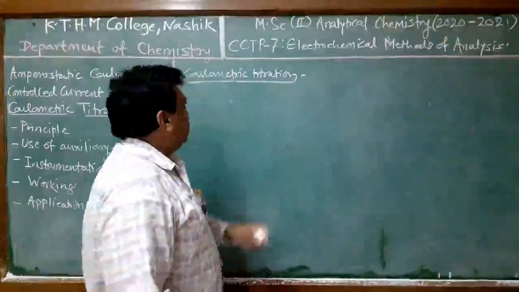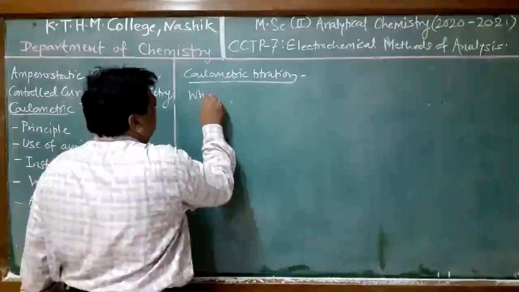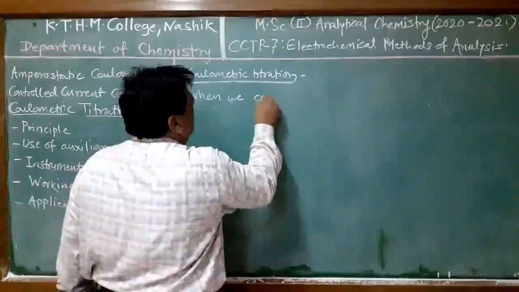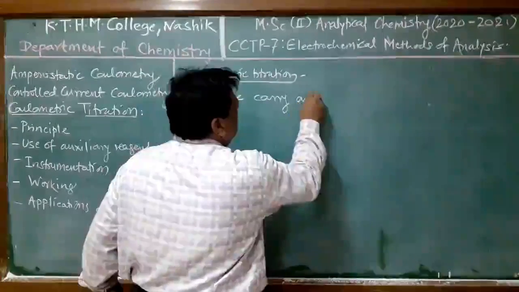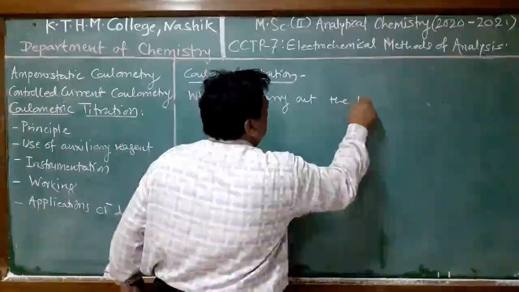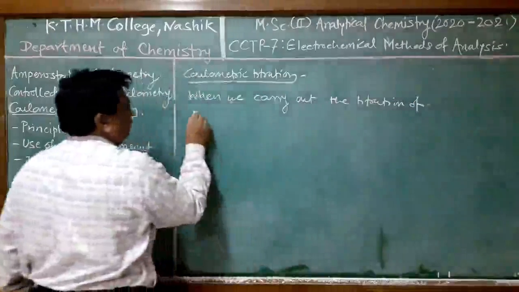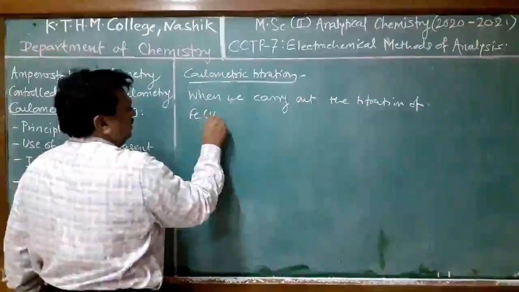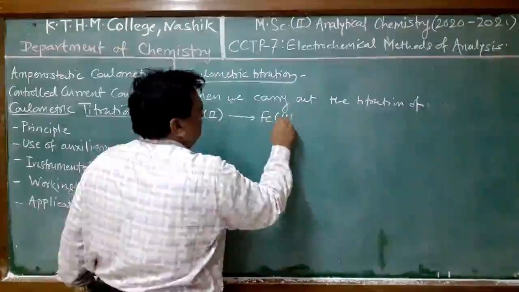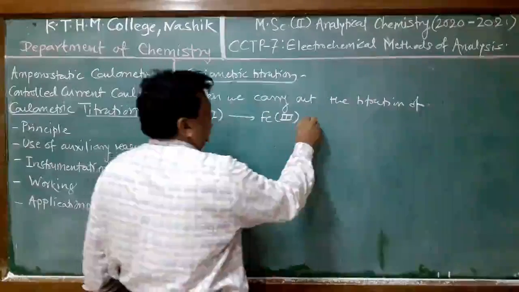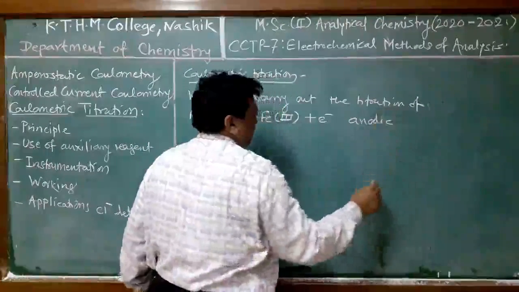Therefore, in coulometric titration, suppose for example we carry out the titration of Fe2+ to Fe3+, that is the anodic oxidation of Fe2+.